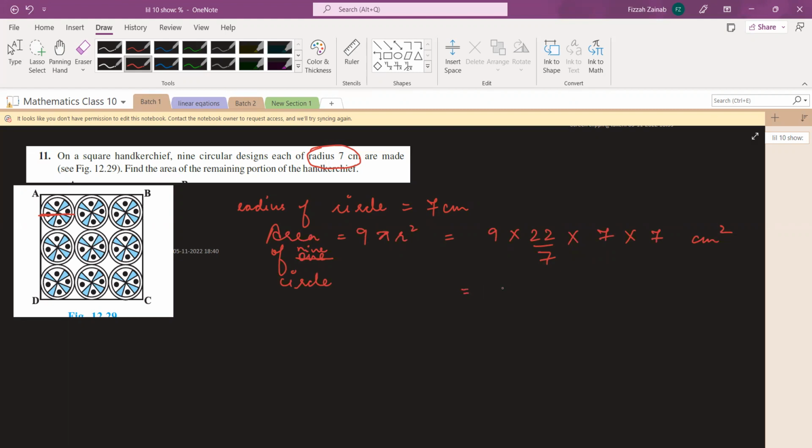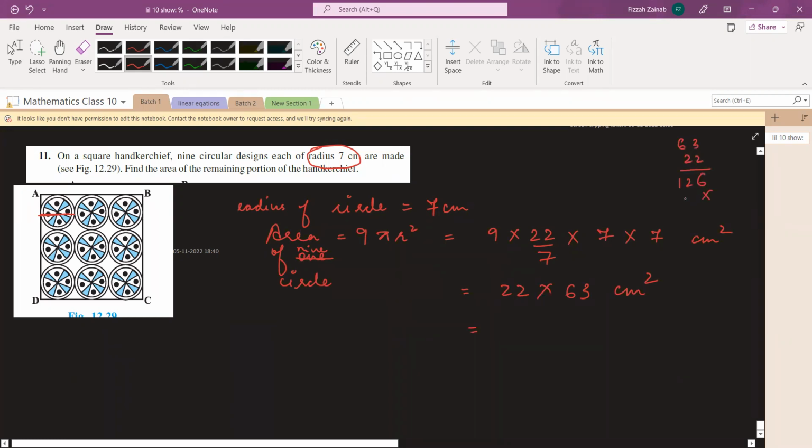So you have 22 into 7 into 9 is 63 centimeter square. Now can you multiply quickly? Okay, so I'm getting 1386 centimeter square. Is that clear?